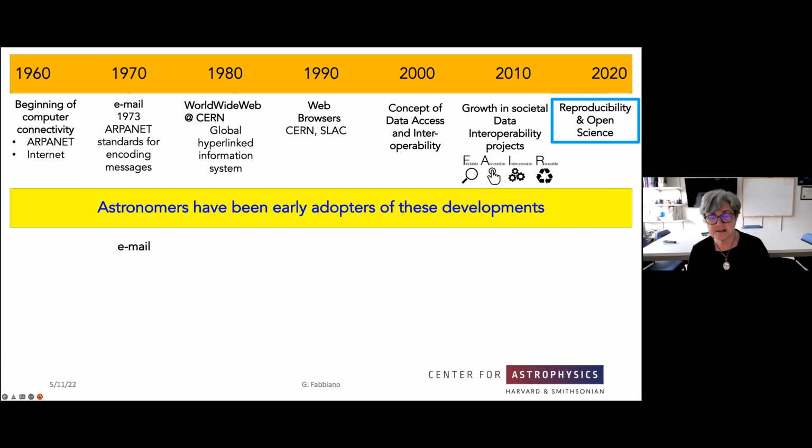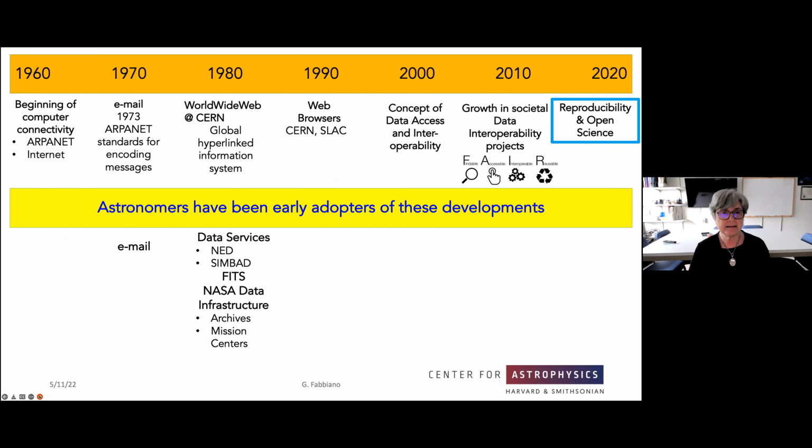In particular, we start with email, of course, distributed worldwide. Email is a very good way of communicating. Follow that with the data services, for example, NED and SIMBAD, the introduction of FITS, and also in the US, the NASA data infrastructure, which still functions with the archive and mission centers.